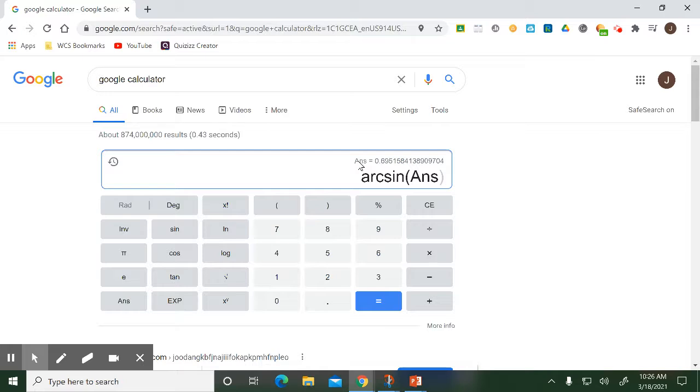I don't know how well you can see this on the video, but right at the top of the little calculator window, it says my answer, A and S equals, and it gives me that 0.695 that we just got by working that problem out. So I'm going to take the arc sine, the inverse sine of that number, and that should give me the measure of my angle.